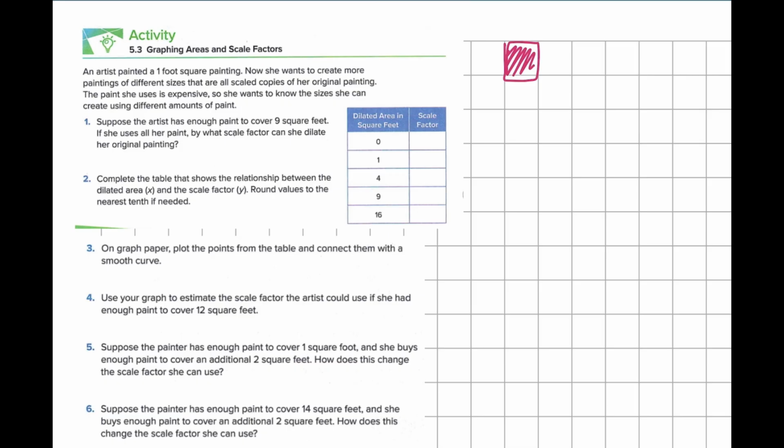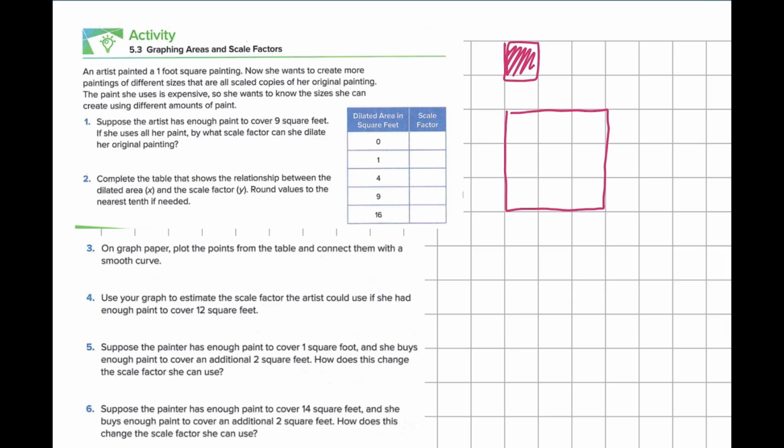The paint she used is expensive, so she wants to know the size she can create using different amounts of paint. Suppose the artist has enough paint to cover 9 square feet. If she uses all her paint, by what scale factor can she dilate her original painting? So we go from 1 to 9 square feet.